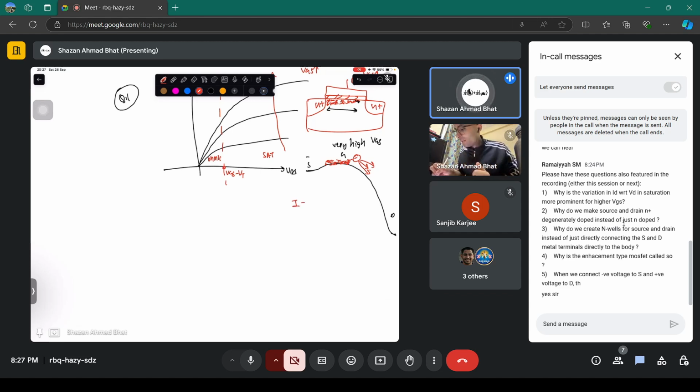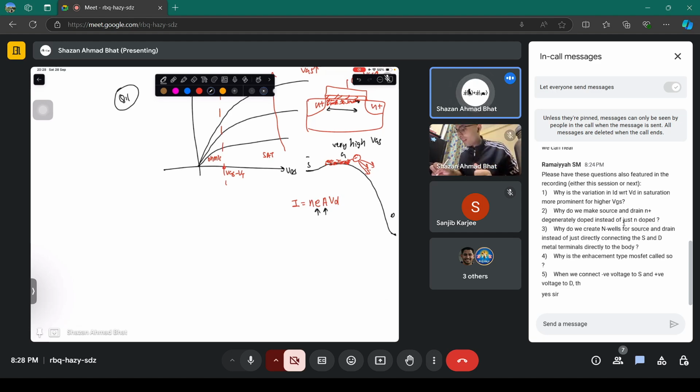You see the current depends upon how many things. Current depends upon number of electrons, electronic charge, and area and drift velocity. This is the old textbook current equation from class 12th, I = nAeVd. What are the things you can change in this current equation? You cannot change electronic charge. You cannot change area.